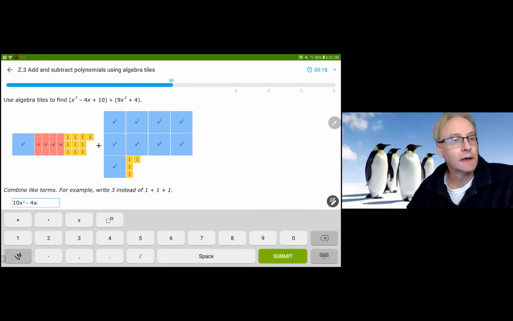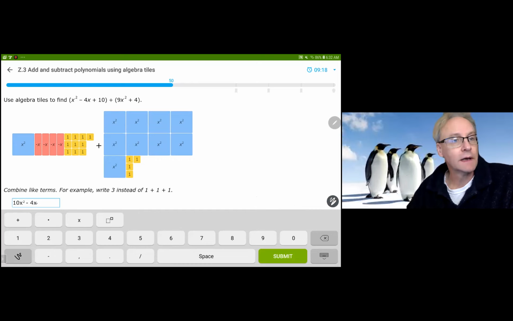And then we've got 9, 10, 14 units, plus 14 units. That's all. We're just adding stuff up. If you want, you can think of it as adding the like terms up here. We've got 10x squared minus 4x plus 14. Got to remember which one is the space and which one is the submit.